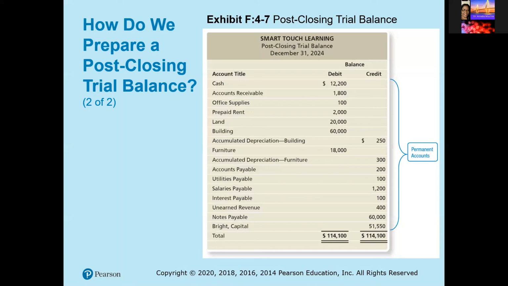Two, account balances below owner capital are zero and therefore not included. And three, the capital account balance matches the owner capital on the balance sheet.